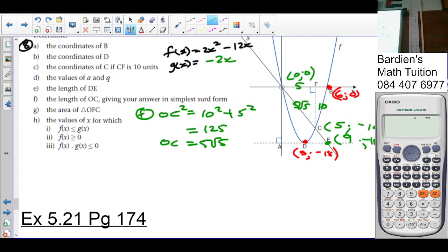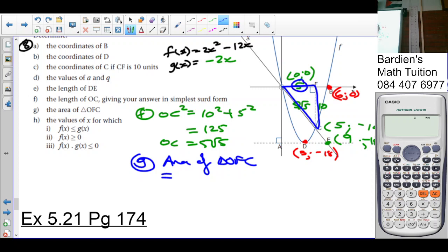Then in G, let's change the color now. G, they want to know the area of triangle OFC. So you've got OFC. How do you calculate the area of a triangle? Base times perpendicular height. So what's the base here? 5.